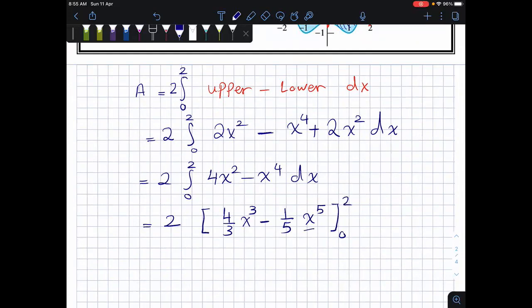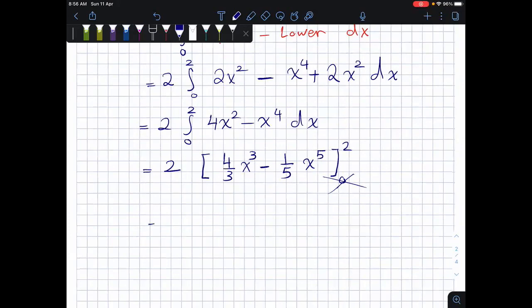When you have x in all terms, you should not substitute 0, because it gives 0. Substitute only 2. So 2 cubed is 8, 8 times 4 is 32 over 3, minus 32 again, which is 2 to the power of 5 over 5. Substitution, and then do it in the calculator.